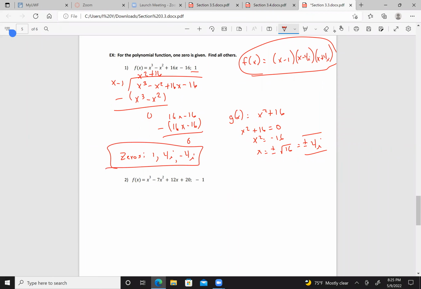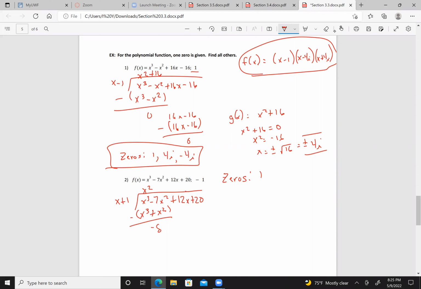Okay, same deal here. Here k is negative 1, so I have x plus 1 as a factor. And we'll go ahead, so I don't forget zeros, one of my zeros is 1. So x cubed minus 7x squared plus 12x plus 20. So I have x squared, which gives me x cubed plus x squared.